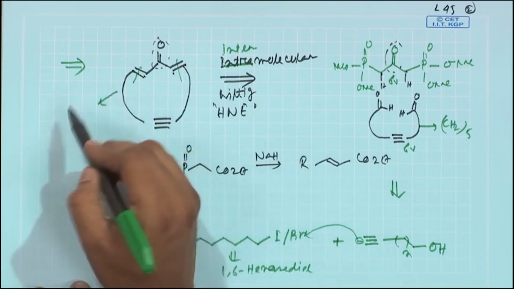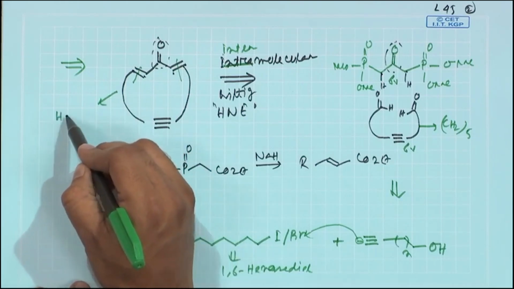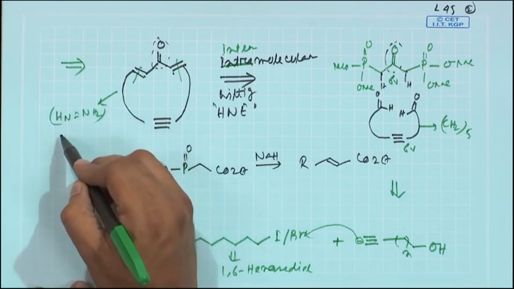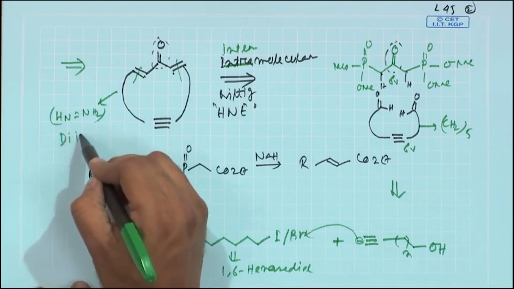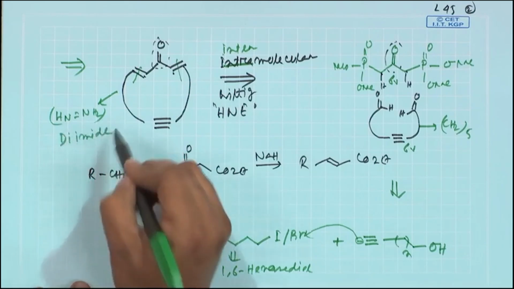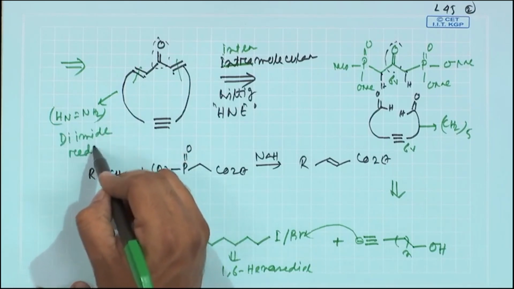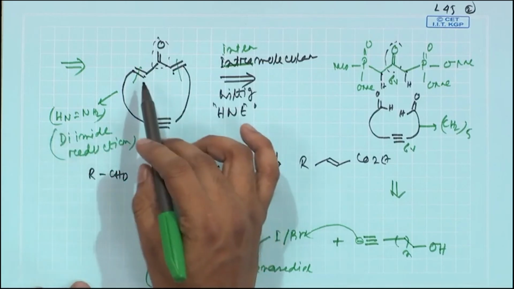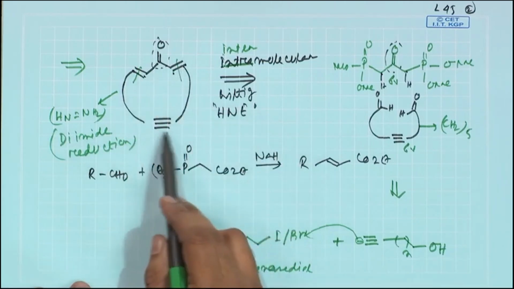Mainly you can use a diimide reduction. Diimide is a very selective reduction which usually does not touch the triple bond, and once the double bond reduction is done, you can touch the triple bond.